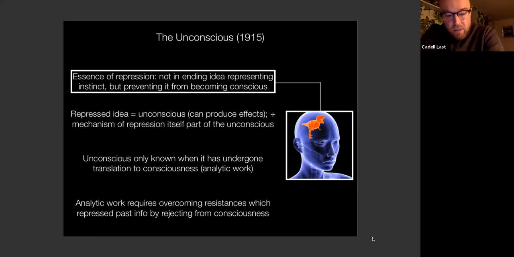So you can already see here that the topographical and the economic and the dynamic view of the psyche for Freud is one in which the mind is in a type of tension, and one in which the mind is specifically struggling with the way in which instincts are represented ideationally.